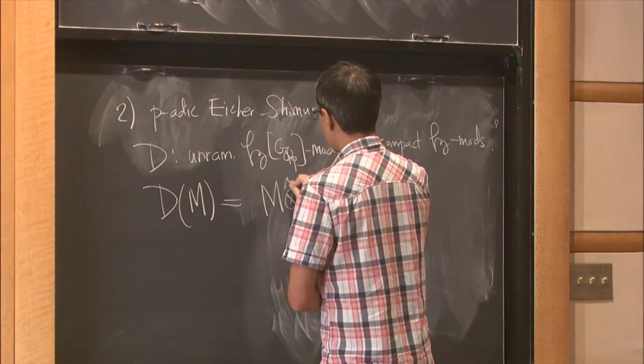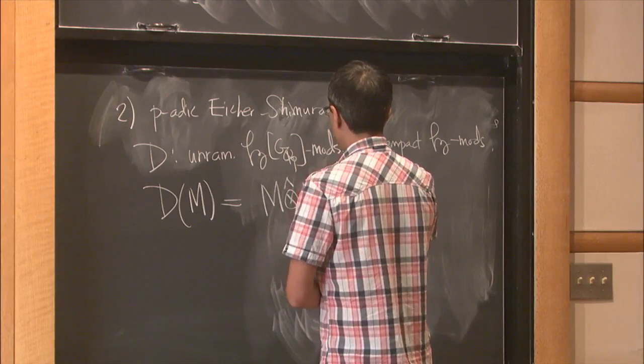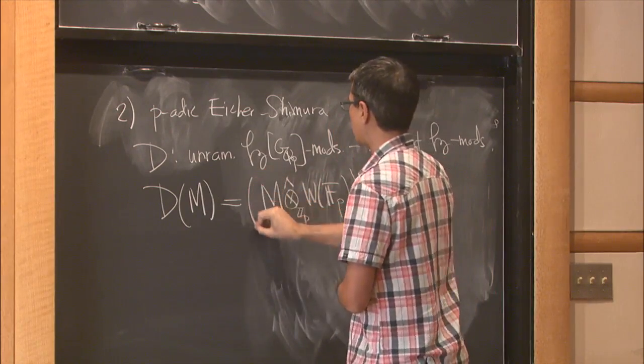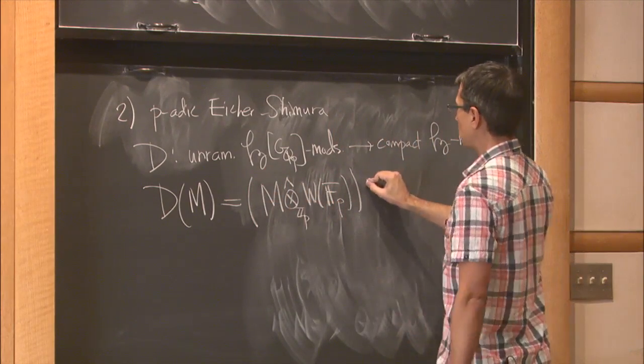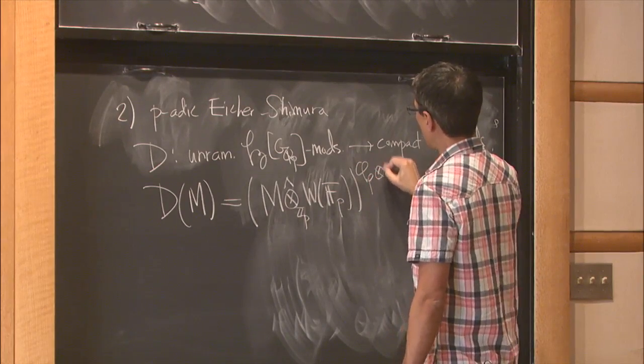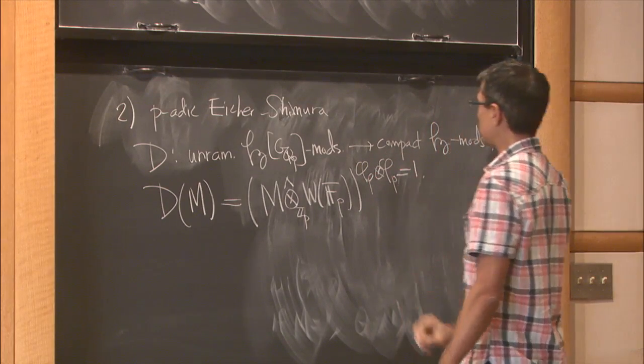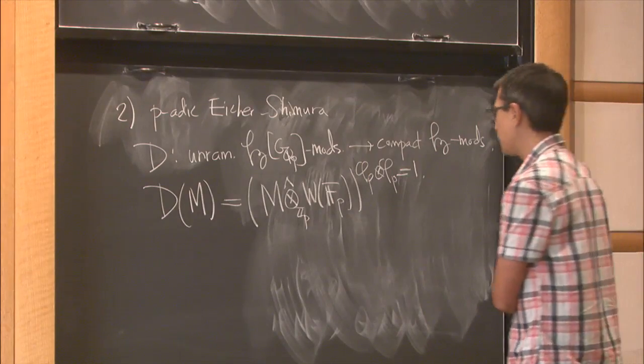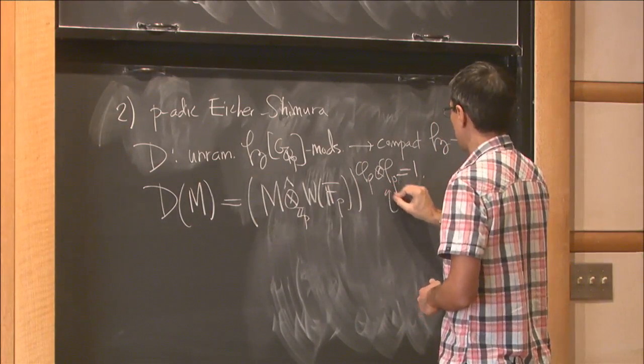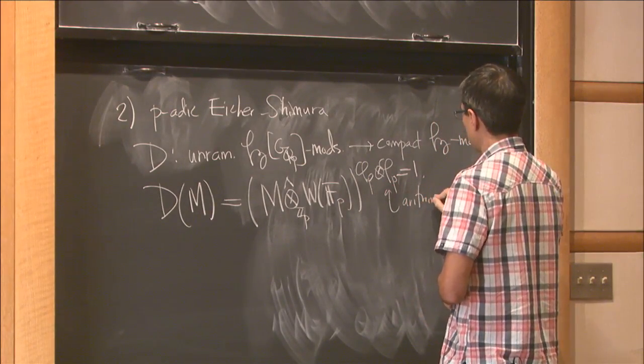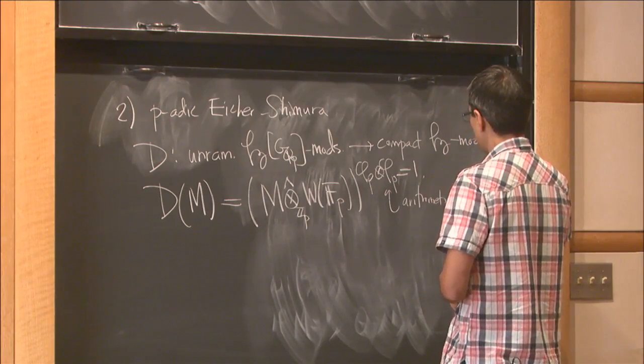I guess you take a completed tensor product. And then you have Frobenius acting here and here. Let's call that phi p. And then you take the part which is fixed by this diagonal Frobenius. This is an arithmetic Frobenius, I guess.